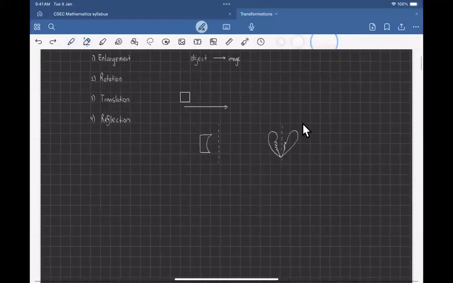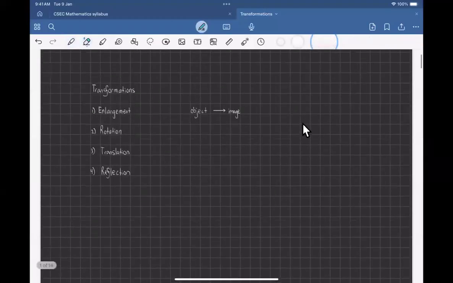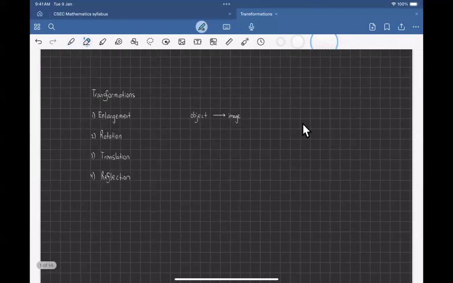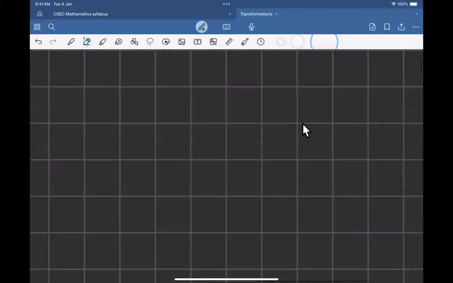Right? So guys, these are the four things you could do with an object to make that image. So Bryce, tell me the four things I can do with an object to make it an image. What are the transformations I could do to it? Reflection, rotation. What else?